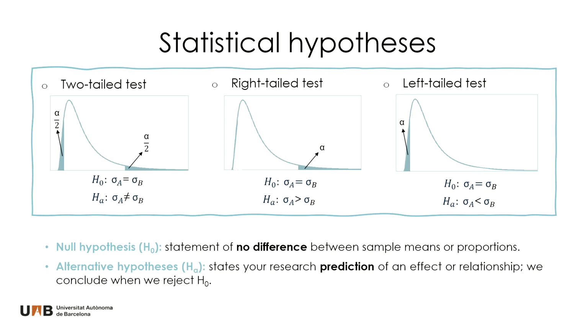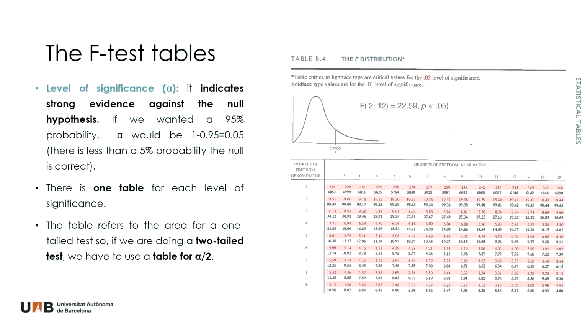Depending on the question that wants to be answered, we have to choose which one of these F-tests fits the best. In order to find the theoretical F, we will have to look at the tables of the F distribution for the value of our level of significance. The level of significance indicates the probability of rejecting the null hypothesis.